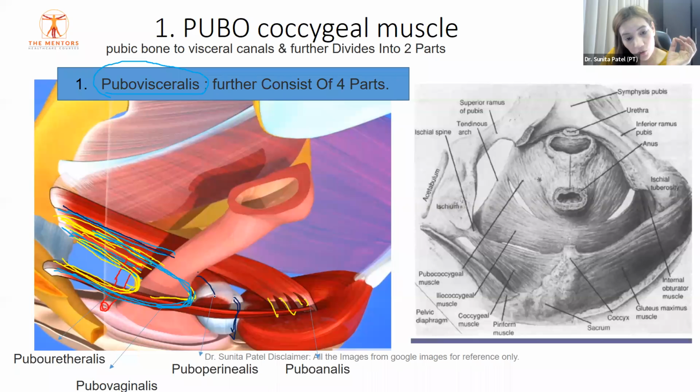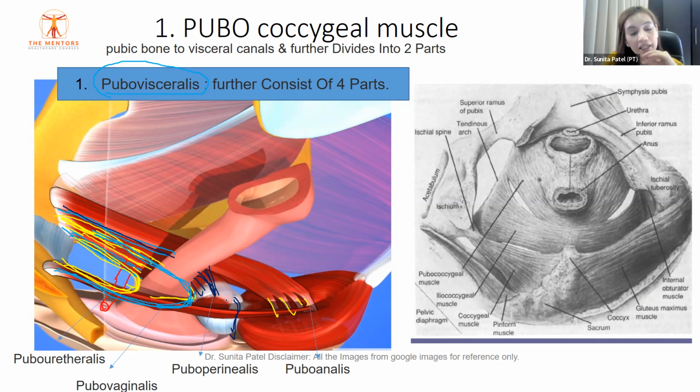They will merge into the perineal body. And what will they become? Puboperinealis. So if they are merging into the perineal body, this muscle is going to provide stability from the pubic symphysis to the perineal body, that particular hard tissue.